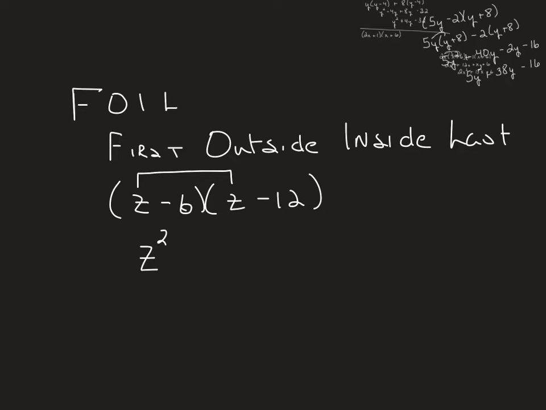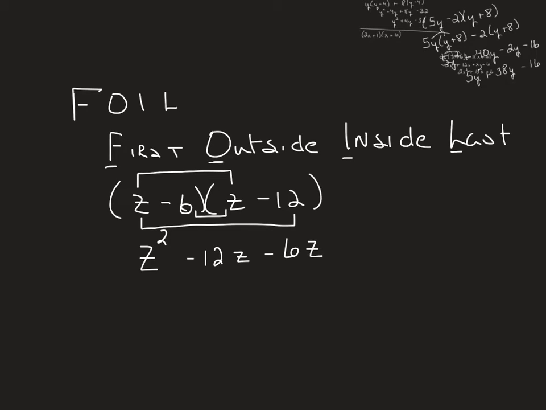Notice then we said outside. We're going to multiply the two outside terms together. Z times negative 12 is negative 12z. Then we multiply the two inside terms together. Negative 6 times z is negative 6z.